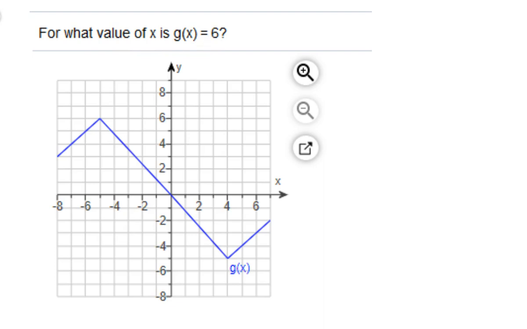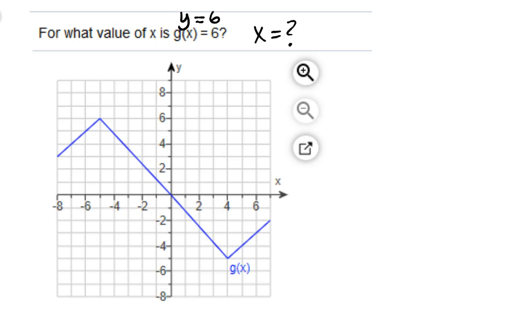Now, for this example, we have to keep in mind that the notation g of x means the same thing as y. So this is telling us that y equals 6. And the question is asking us for an x value. For what value of x?